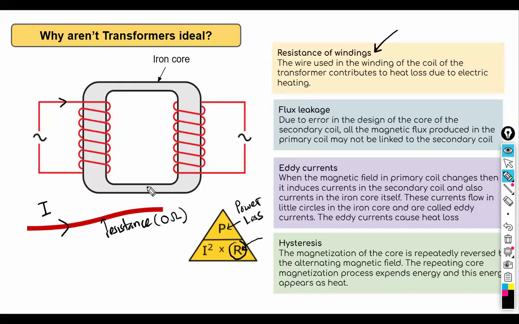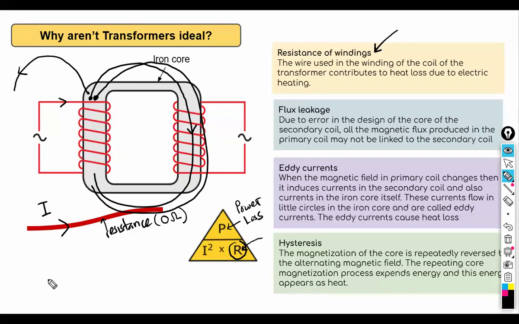Also, how does a transformer work? Aren't the magnetic fields from the primary side supposed to cut the secondary side? But there are millions and millions of magnetic fields. You really think all the magnetic fields from the primary side make it across to the secondary side? No, some of them go the other way by mistake.